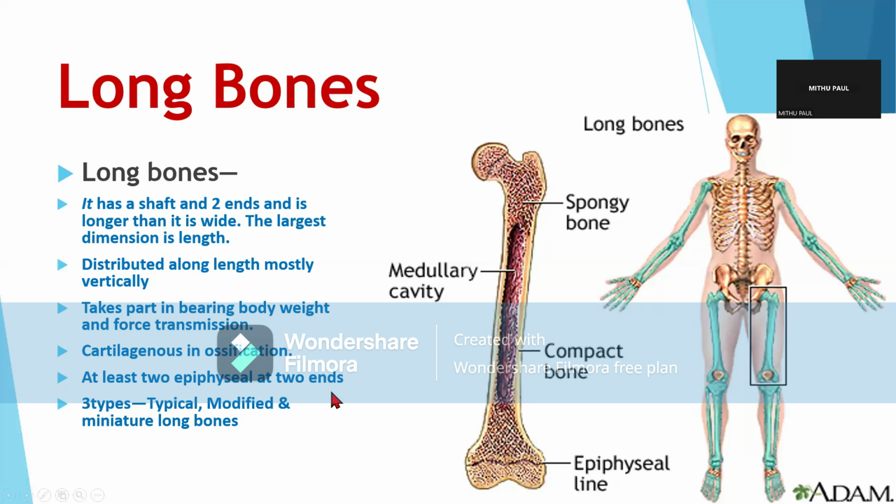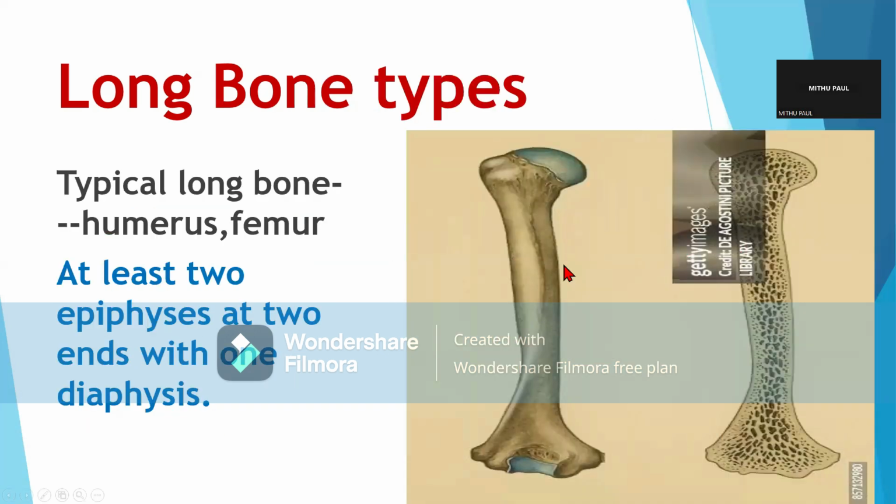At least 2 epiphyses at the 2 ends. What is epiphysis? What is diaphysis? These are the parts of the long bone we will see in the next lecture. And it has 3 types. One is typical, modified, and miniature. Typical, this term will come repeated times. That means it maintains all the features said to be a long bone.